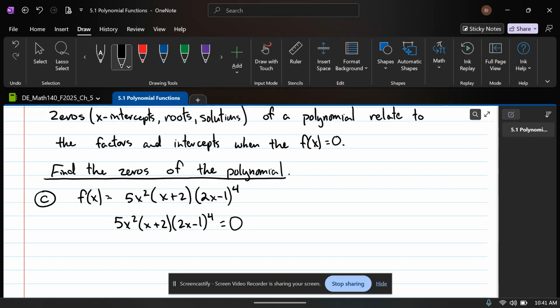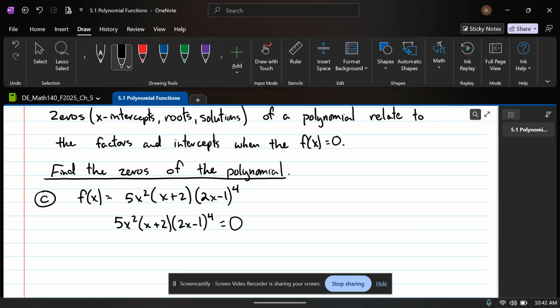Because if this first term, 5x squared, was 0, then everything, 0 times everything else, is still 0. But this second factor could be a 0 as well. What x value gets it to be 0? Then this third factor could be 0. What x value gets it to be 0? So we find all of those.